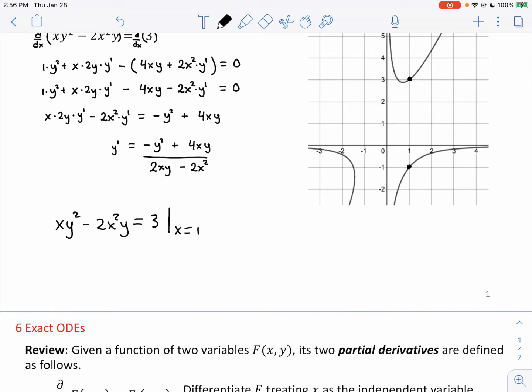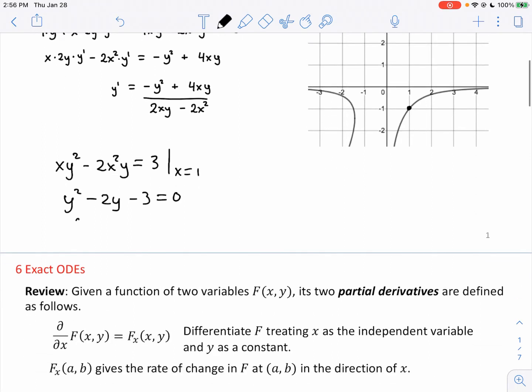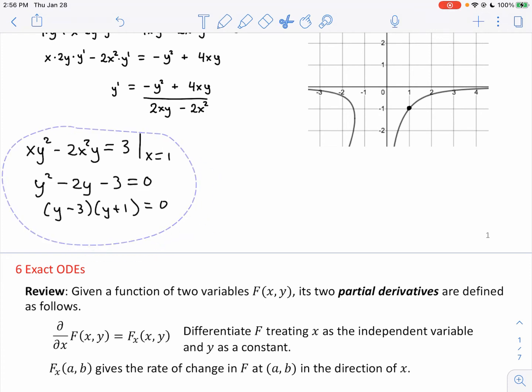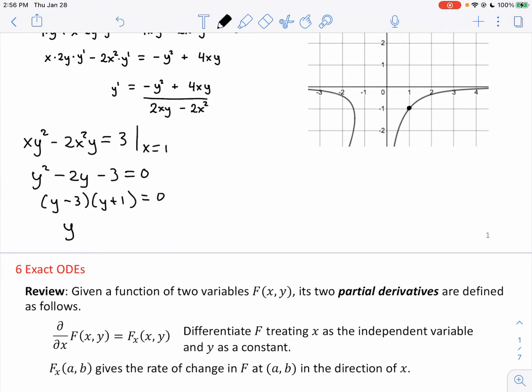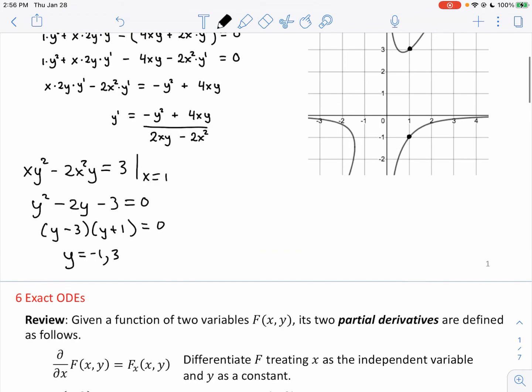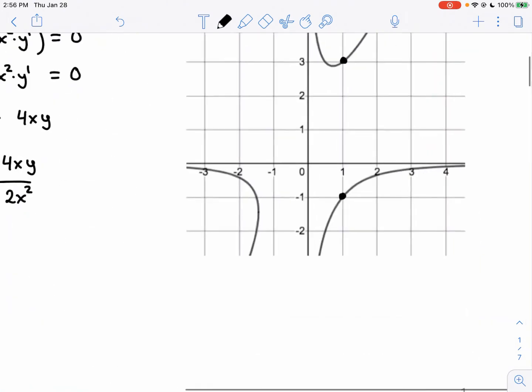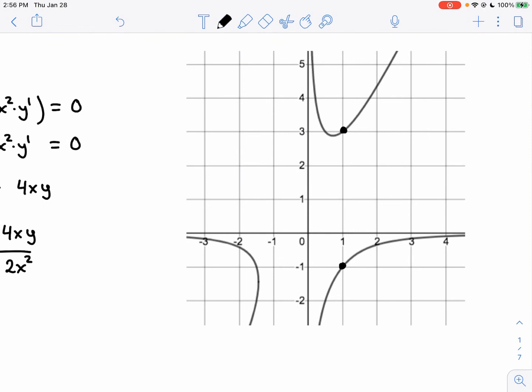That produces y squared minus 2y, and then I'm going to subtract the 3 over to get a 0, so I have a quadratic in terms of y, and I can factor that, y minus 3 and y plus 1, and then solve this for y, and you see you get the 3 and the negative 1. Let's put this here. So y is equal to negative 1 and 3 are the 2 different y coordinates when x is 1. So that confirms what appeared to be the case in our visual. (1, 3) is a point on this curve, and so is (1, -1).